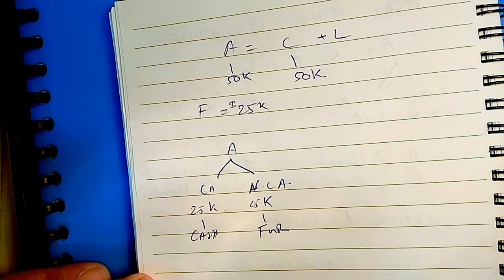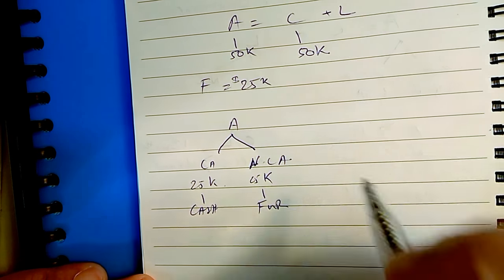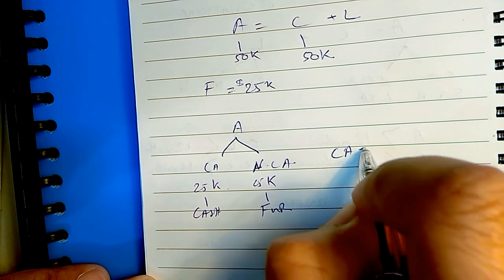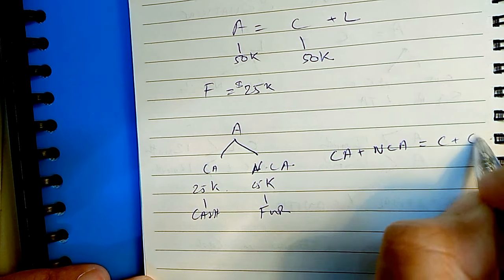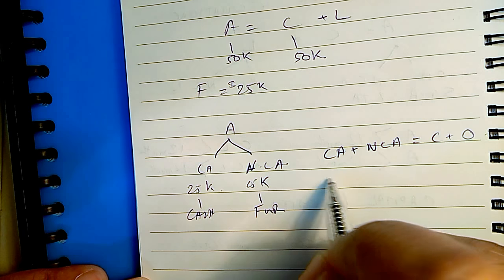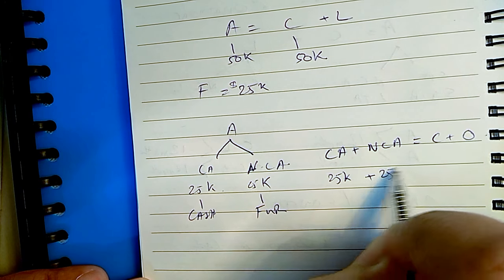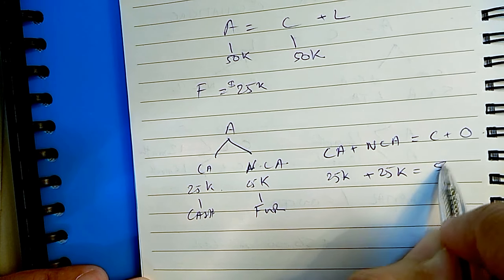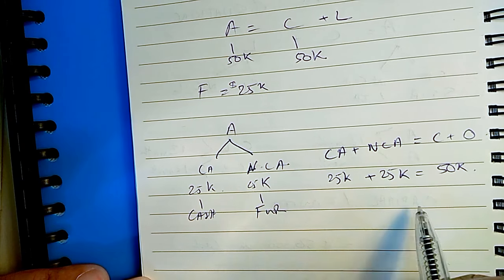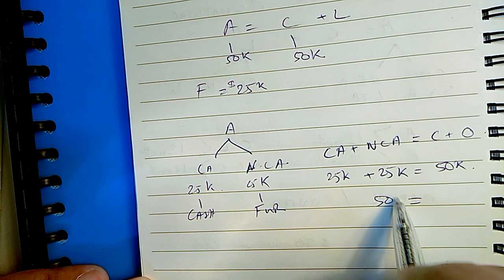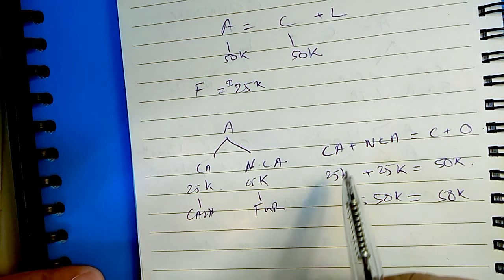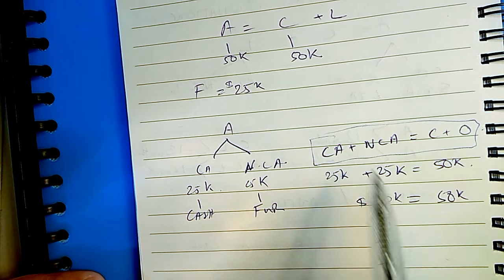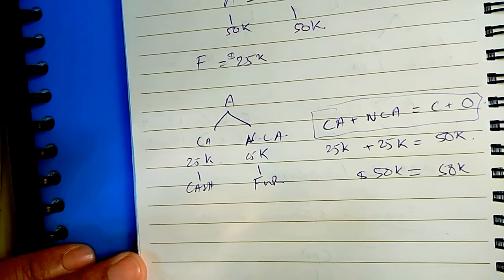So the extended equation will be current assets plus non-current assets equals capital plus liabilities, which is 0. That's 25k plus 25k equals the 50k capital. So the equation balances. We always need to be careful: the accounting equation should balance, or there is a mistake.